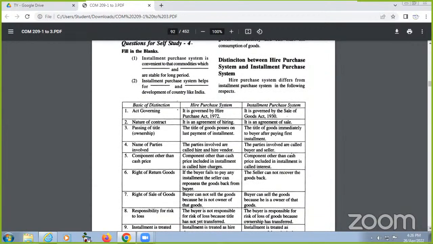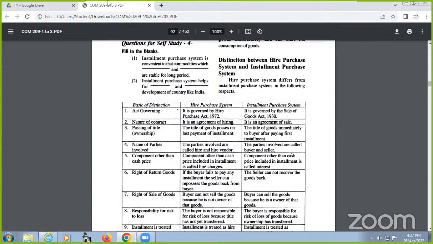Most important, hire purchase and installment difference. Act governing: hire purchase is governed by the Hire Purchase Act 1972, and installment system by the Sale of Goods Act 1930.